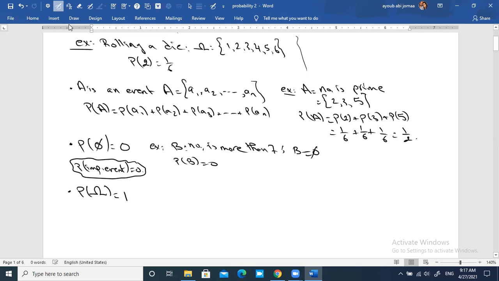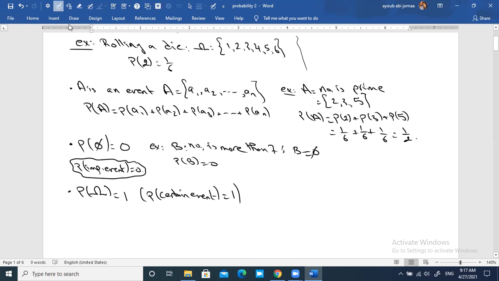For one reason: the sample space contains all the outcomes. So here it is the probability of 1 plus probability of 2 plus 3, 4, 5, and 6. So you get 1 over 6 plus 1 over 6 plus 1 over 6 plus 1 over 6 plus 1 over 6 and again plus 1 over 6, which is 6 over 6. It is 1. It means that the probability of the certain event is equal to 1.